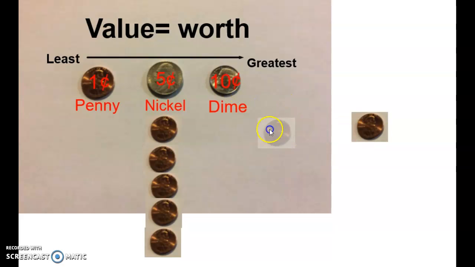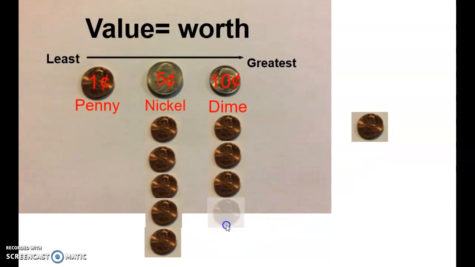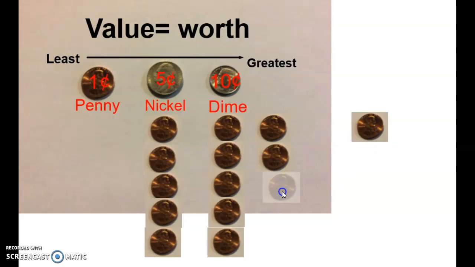Let's count. 1 cent, 2 cents, 3 cents, 4 cents, 5 cents, 6 cents, 7 cents, 8 cents, 9 cents, and 10 cents. So there are 10 pennies in 1 dime. That's equal to 10 cents.